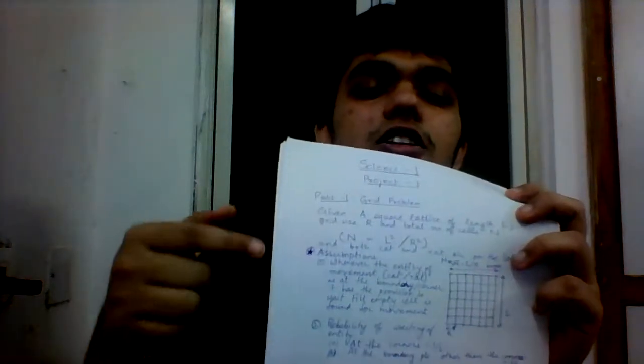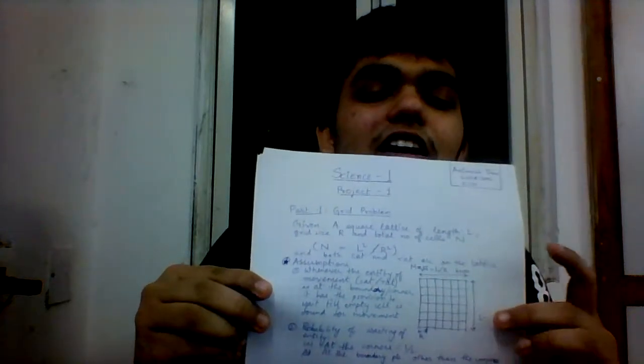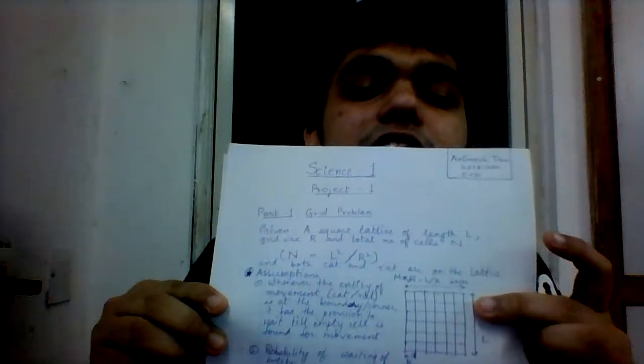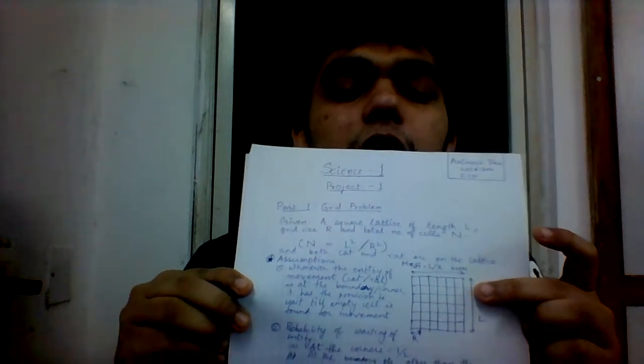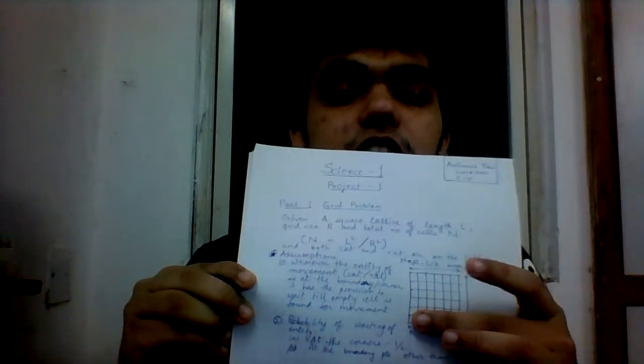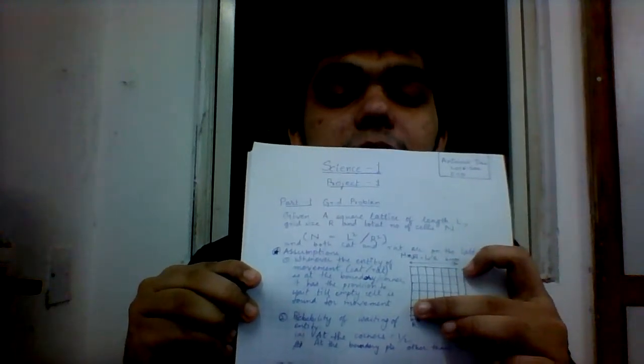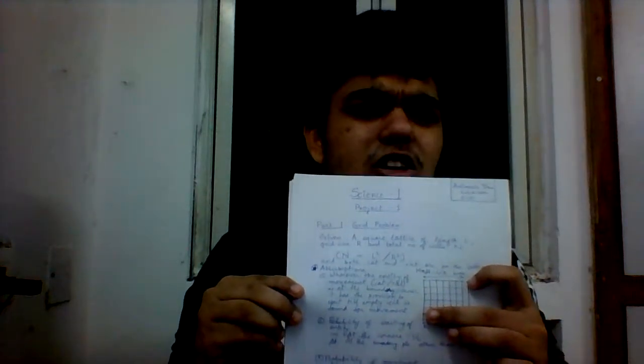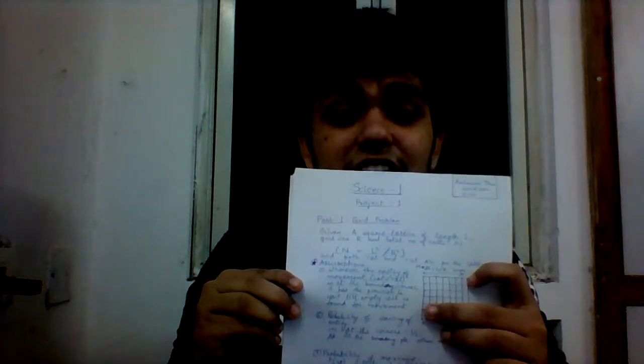Now, for each of these cases, this is how the analysis will be done. This is the grid here. My rat and my cat will first be considered to be in diametrically opposite points, that is, in case of the grid, diagonally opposite points.